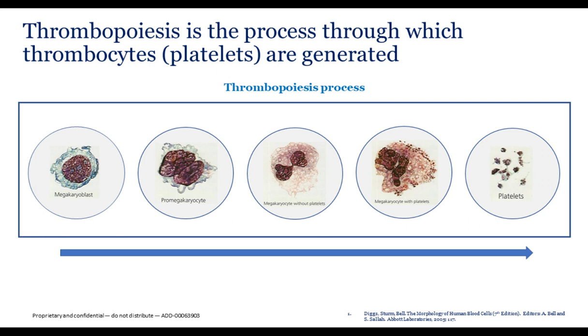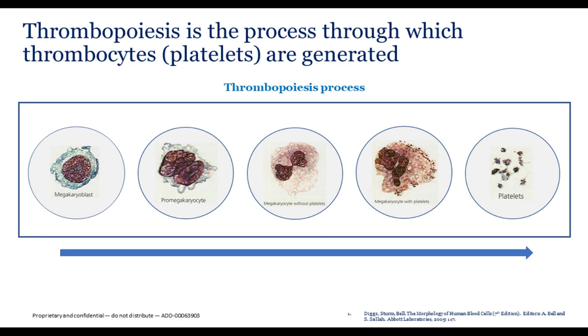Once the cells reach the megakaryoblast, it actually loses its proliferative capacity and starts its maturation process. Megakaryopoiesis is this unique way of maturation that does not occur in any other cell lineage. The cell multiplies its nuclear material within the same cell, which is called endomitosis, or in other words, nuclear division without cell division.